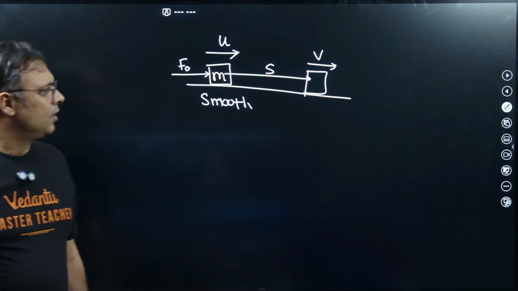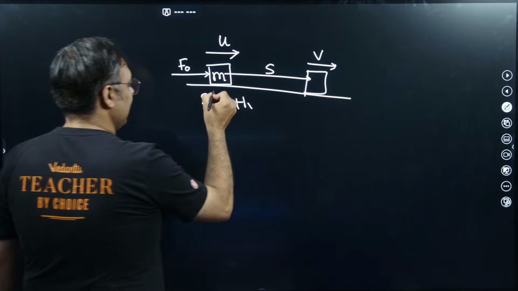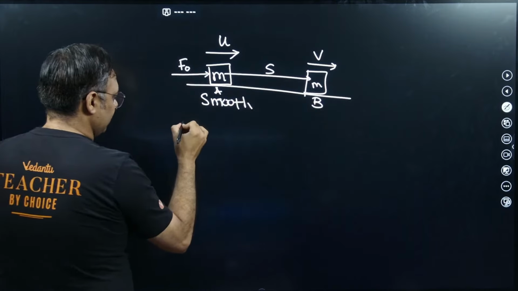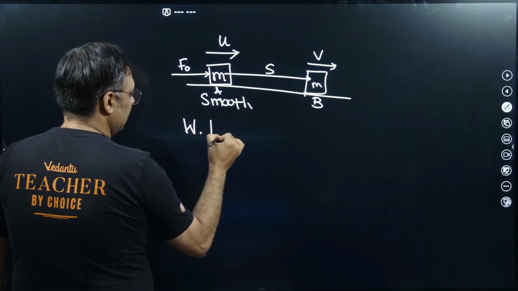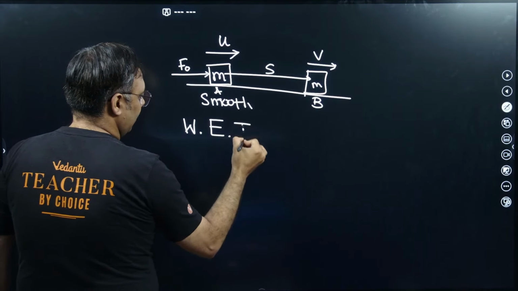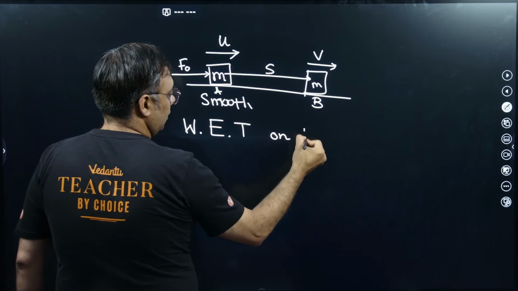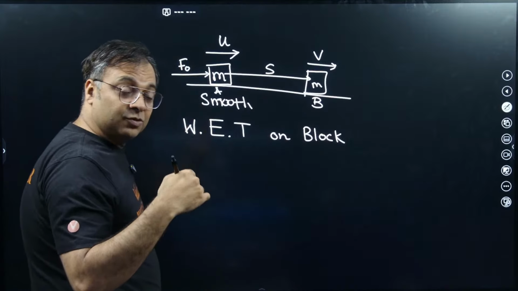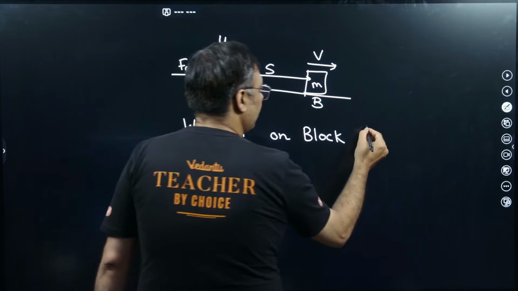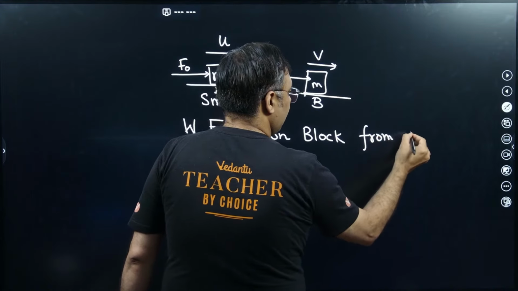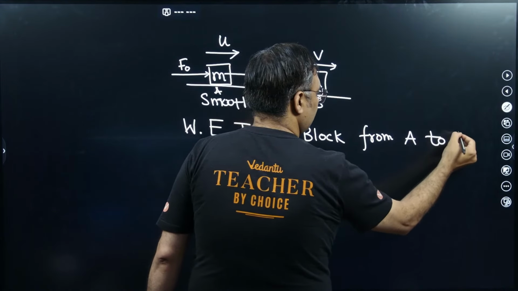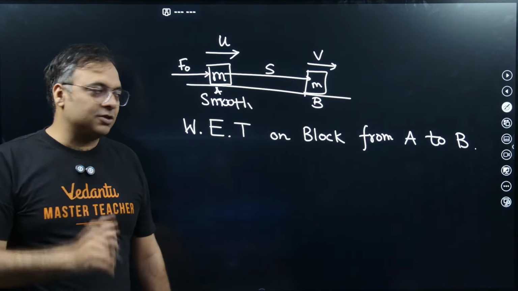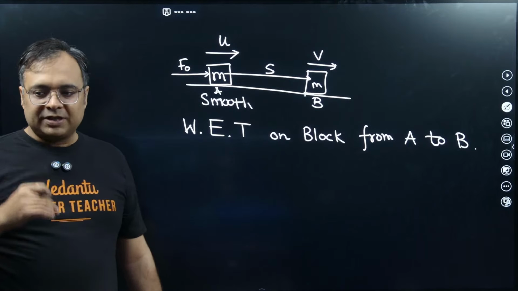So first point is, our particle has gone from A to B. Note that I am applying the work energy theorem on the block from the initial situation A to the final situation B.